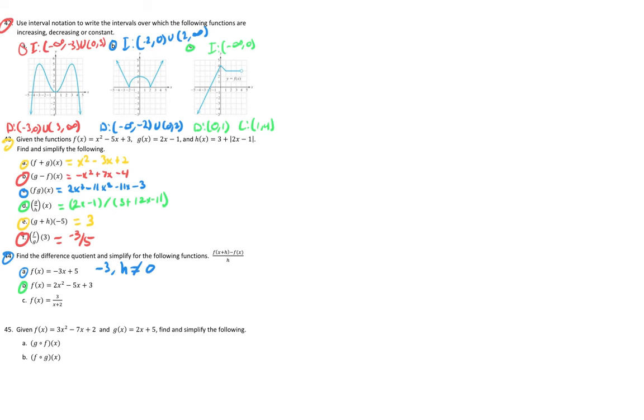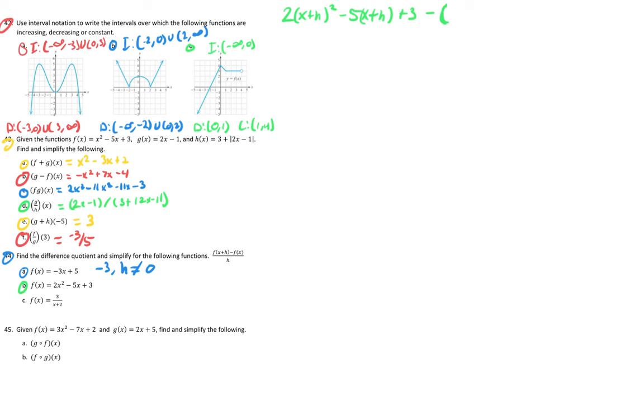All right, part B. f of x is equal to 2x squared minus 5x plus 3, still finding the difference quotient. So we'll set that up the same way. Anytime I see an x, I'm going to replace it with an x plus h, minus 5(x plus h) plus 3 minus that original thing, all in parentheses.